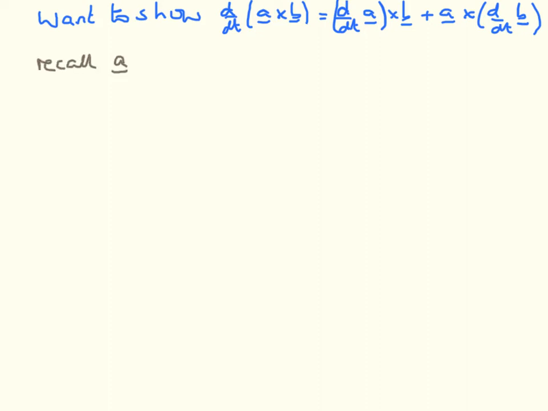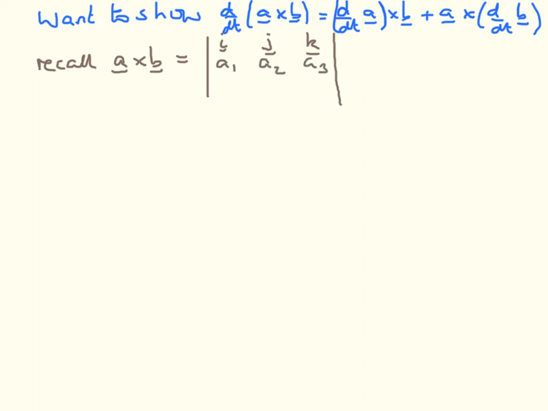So let's say we recall that A cross B can be written in the form of something that looks like a determinant where we have I, J, K, the three basis vectors in the top row, and in the next row we use the first vector here. Remember, the ordering of the terms in a vector product makes a difference. So we're going to write A1, A2 and A3.